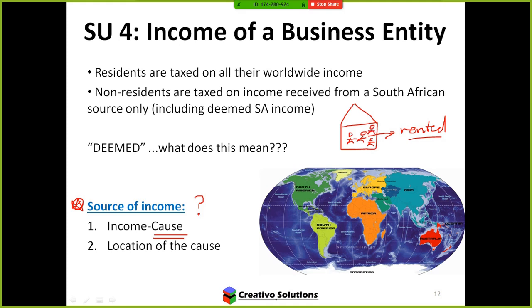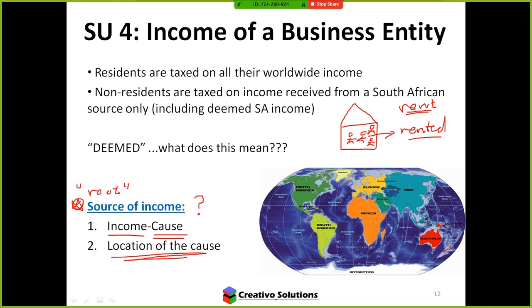What would you say? What's creating the income? The building. Yes. So you need to look at the location. You need to look at the cause of the income. The building is generating the rent. If you didn't have the building, you wouldn't be able to collect rent. The people occupying the building are the ones paying for the rent, but the building itself is the actual cause, or the root source.